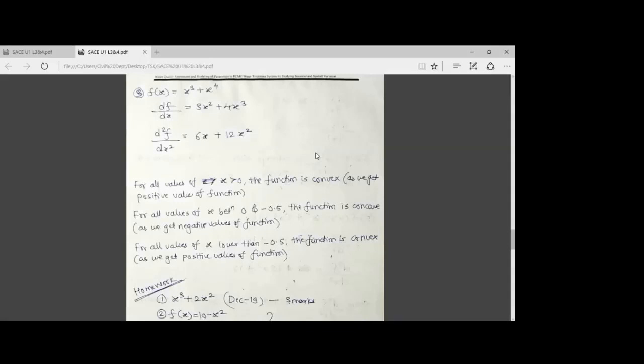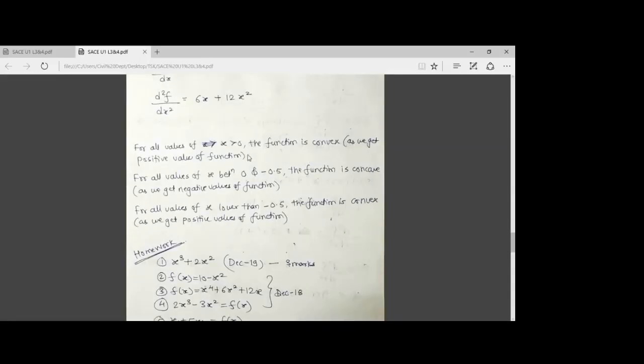Later we saw a numerical in which the value of the doubly differentiable function changes as the values of x change. If the values of x are greater than 0, we were getting a positive value. So this function will be a convex function.